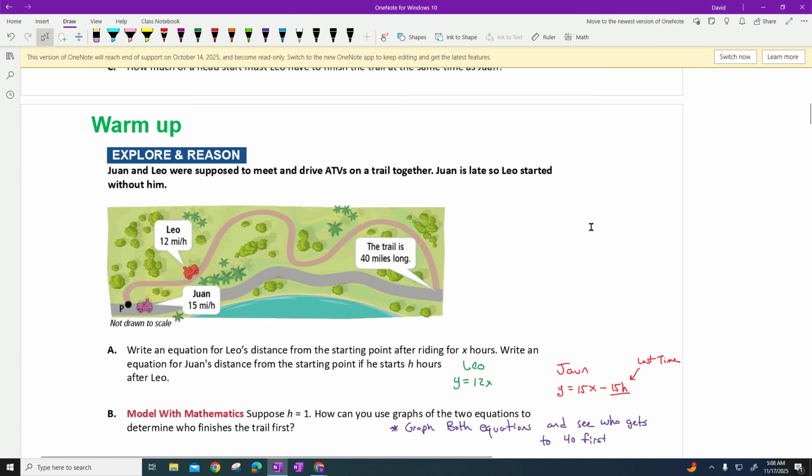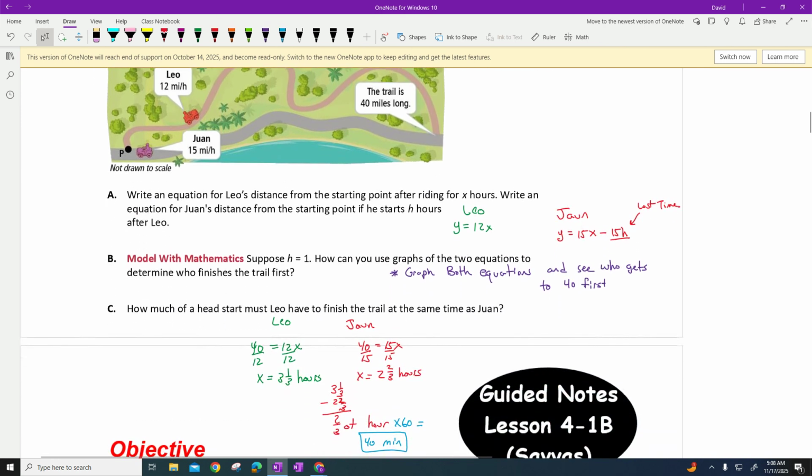Okay, so here's Leo's equation. He's going at 12 miles an hour, so we don't know how many miles he's traveled, so his equation is going to be y equals 12x.